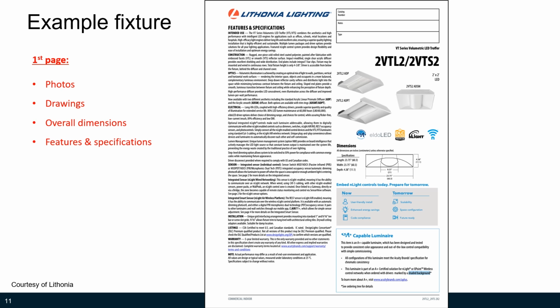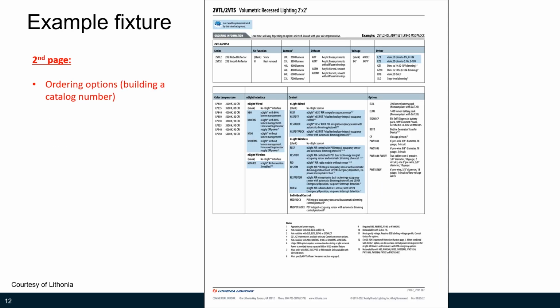It's a lot to read through, but almost anything you would want to know about this fixture is in these 7 pages. And we'll look at the ones that touch on controls specifically. So the first page is just showing you a photo, some drawings with dimensional information, and then other features and specifications. On the second page, it actually shows you how to build a catalog number. And we're going to zoom in on the middle table.